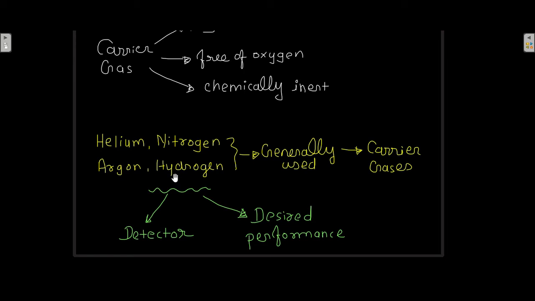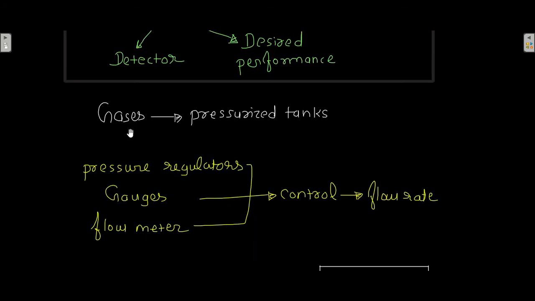Now, these gases are available in pressurized tanks, so there are tanks of these gases which you can directly use in gas chromatography. Pressure regulators, gauges and flow meters are there, and these help us to control the flow rate of the gas.